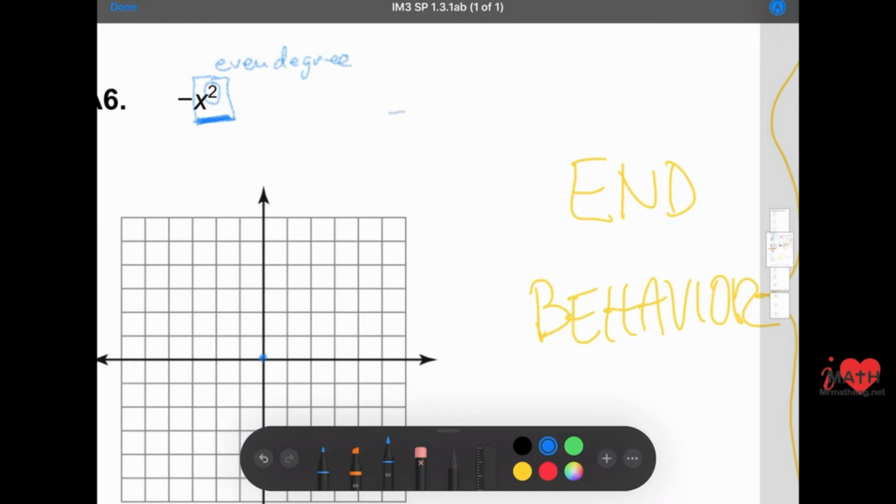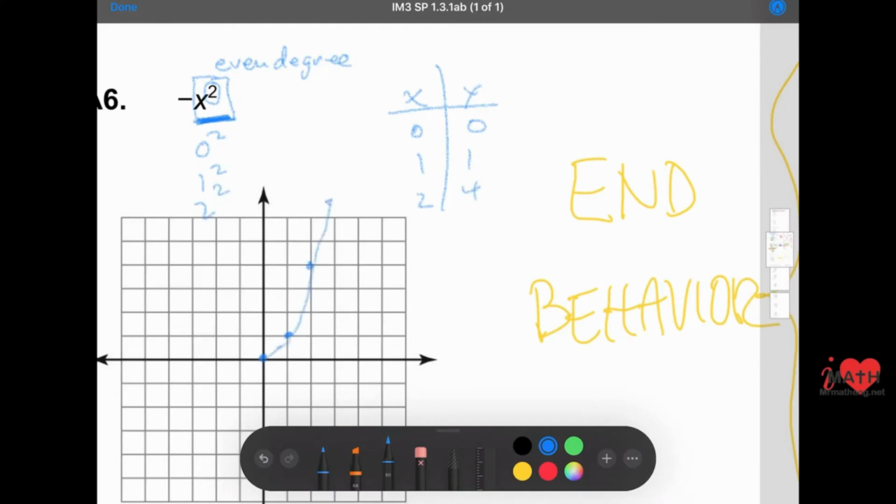If you want to graph it, you can just do something like this: 0, 1, 2, and I'm just graphing what's in the blue box. So 0 squared is 0, 1 squared is 1, and 2 squared is 4. So 0, 0, 1, 1, and 2, 4, okay?